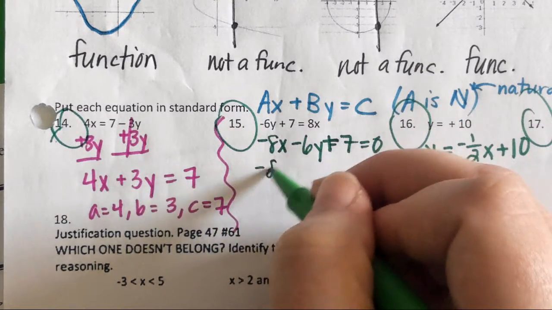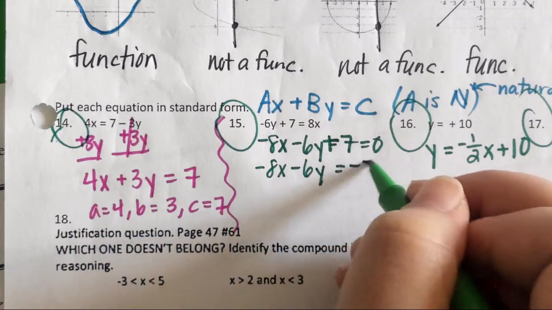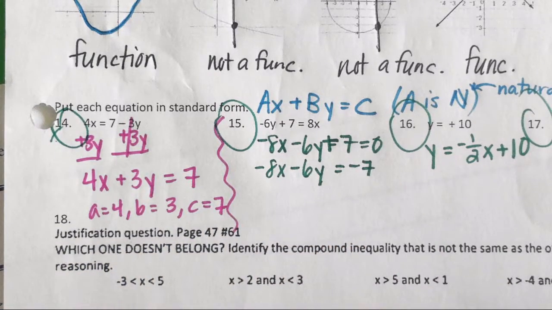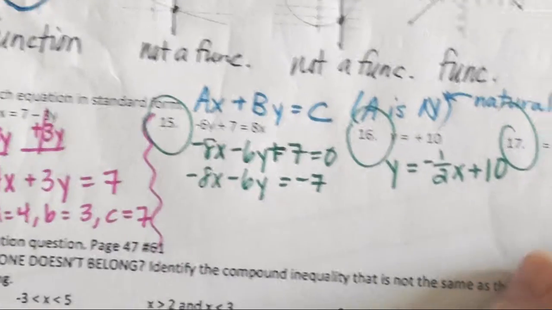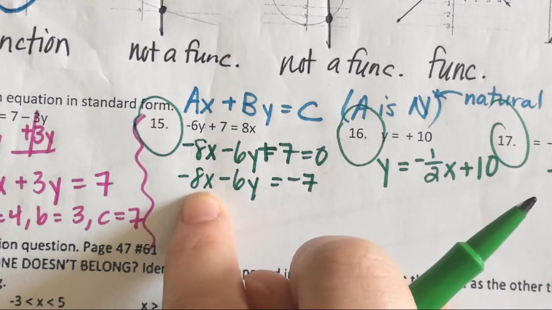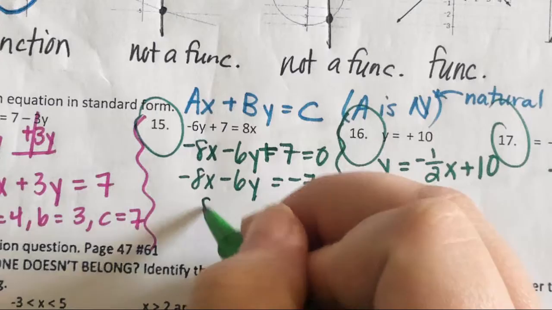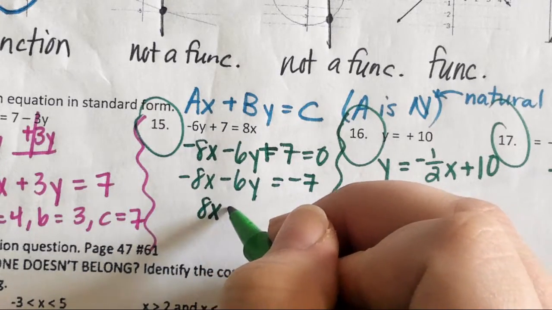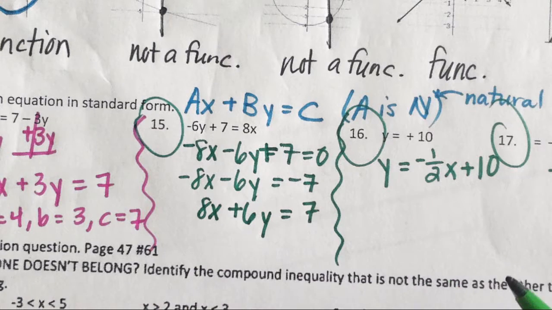Then I moved the 7 over. And then, if you recall, yesterday I warned you that with these equations in standard form, there is a rule that A can't be negative, and it can't be a fraction either. So I would end up multiplying by negative 1, and I would get 8x plus 6y equals 7.